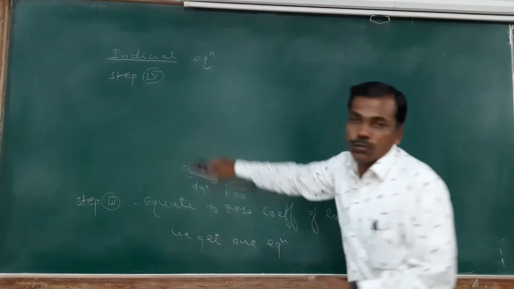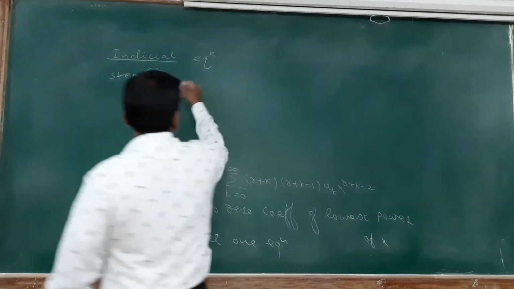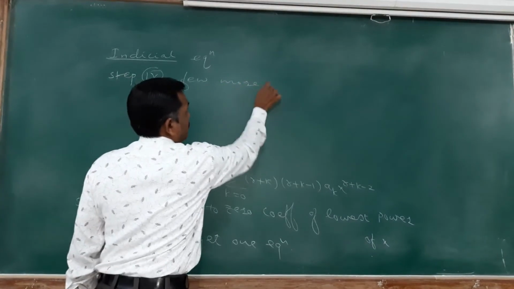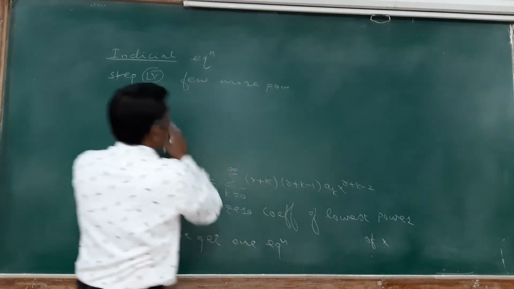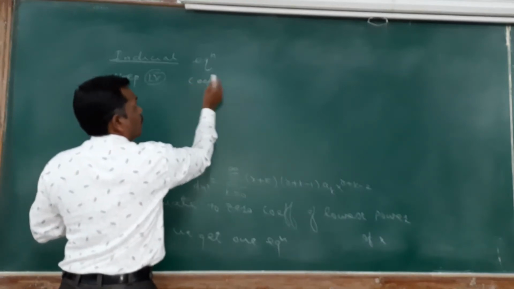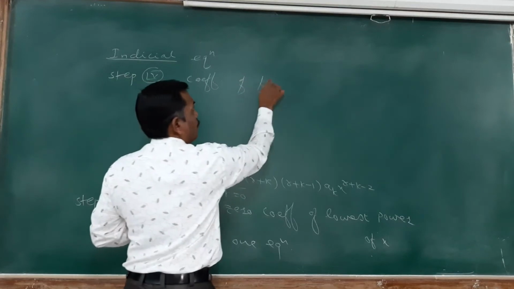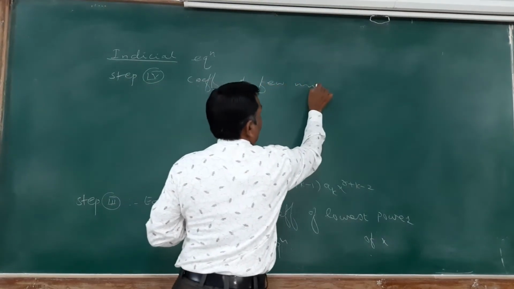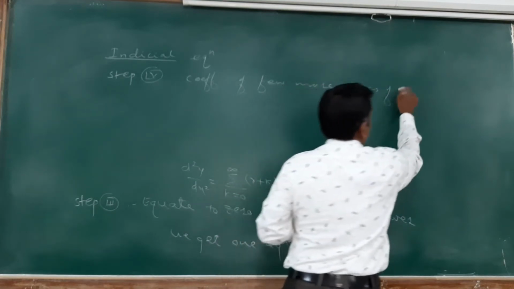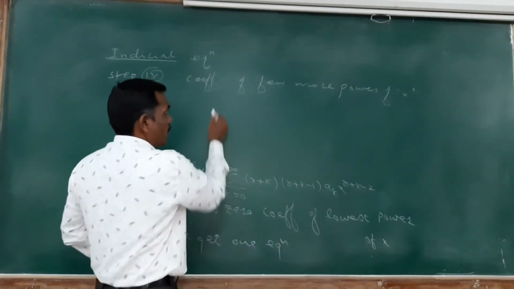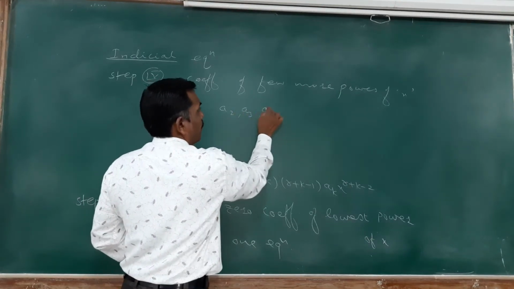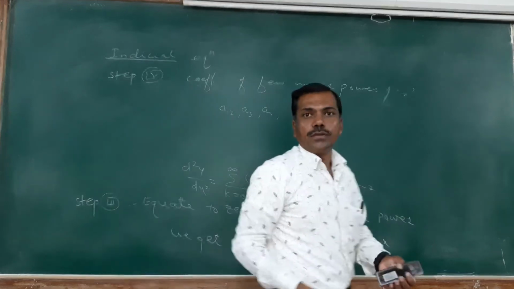To find more values, we take the coefficients of a few more powers of x equal to 0, so that we get the values of a2, a3, a4, the remaining constants.